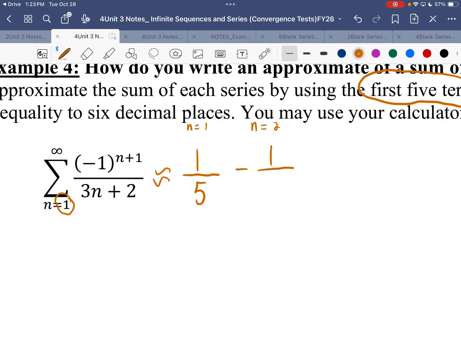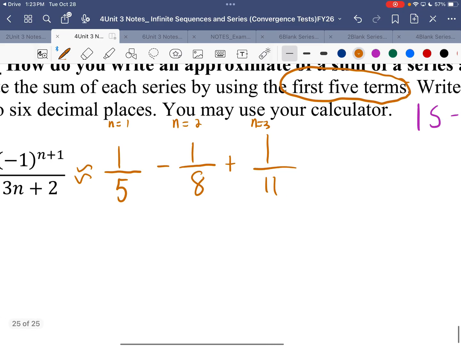You don't have to plug into the numerator anymore, you just follow the pattern. And then 6 plus 2 is 8. Nine plus 2. 12 plus 2. 1, 2, 3, 4, 5.